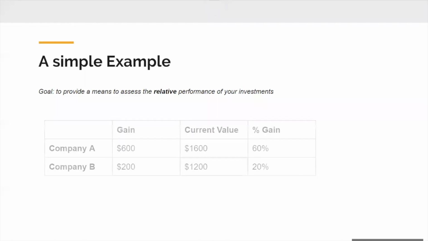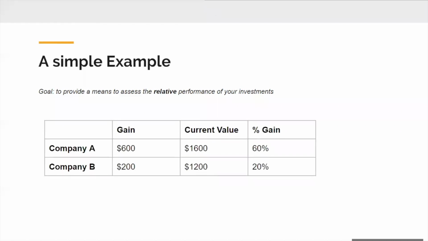So let's start with a really simple example of an investment in company A and an investment in company B. We can see here that company A has made a $600 gain, company B has made a $200 gain. And of course, knowing the dollar gain is a very important piece of information, and Sharesight will always show you what the dollar gain is.